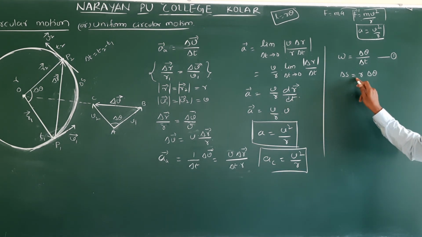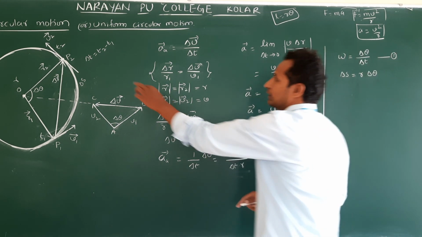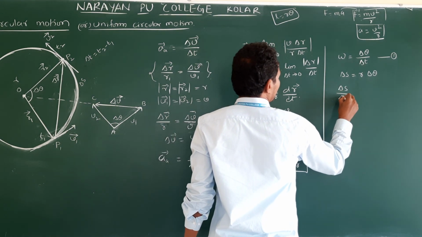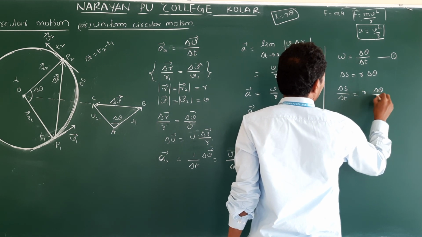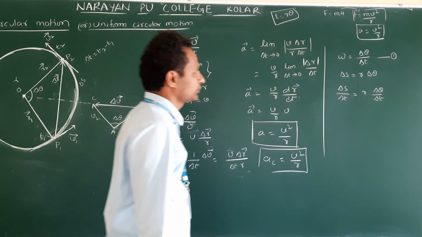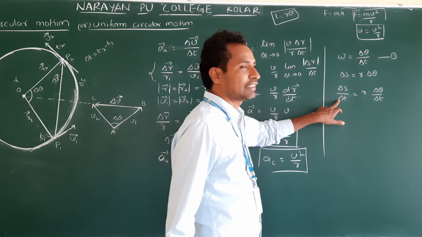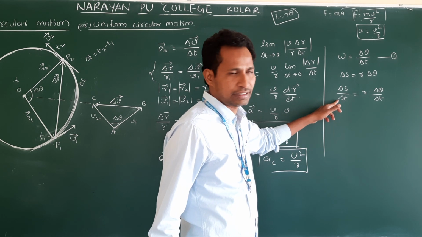So delta S is equal to R delta theta. This delta S is the change in a delta t time. So I can write delta S by delta t is equal to R into delta theta by delta t. Any problem? We divide the above equation by delta t.